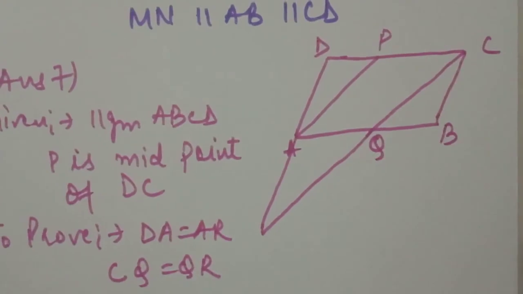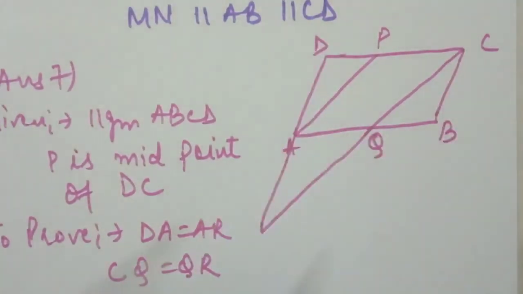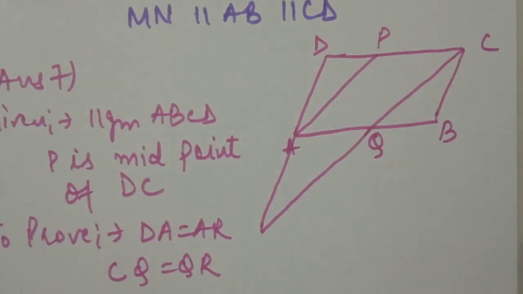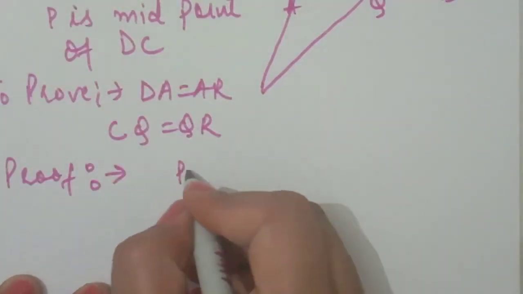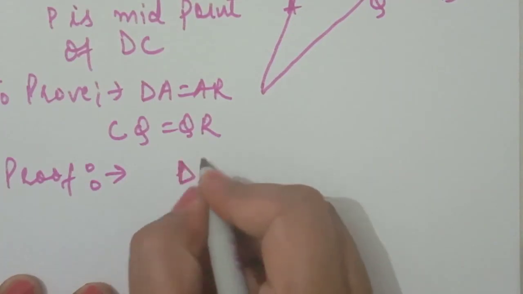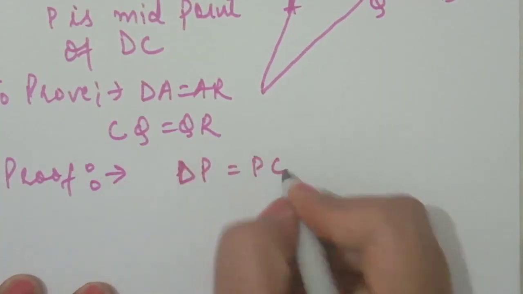So students, in this parallelogram ABCD, we know that opposite sides are equal and parallel, and according to the given condition, PA is also parallel to CQ. So students, P is the midpoint, so DP is equal to PC.